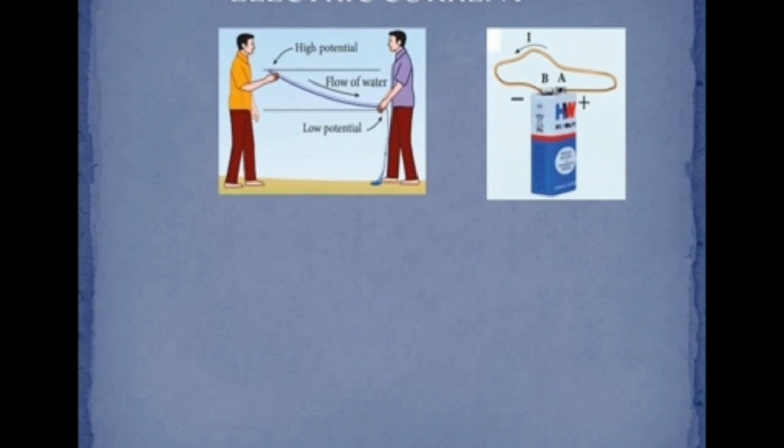So positive charges flow from the positive terminal to the negative terminal, while electrons flow from the negative terminal to the positive terminal. That flow of charges is called current.